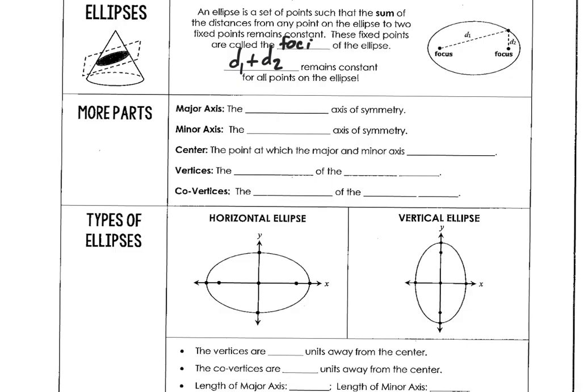So it's either longer vertically or longer horizontally, and that's why sometimes we call it a horizontal ellipse and sometimes a vertical ellipse. So the major axis is the longer axis of symmetry, and the minor axis is the shorter axis of symmetry.